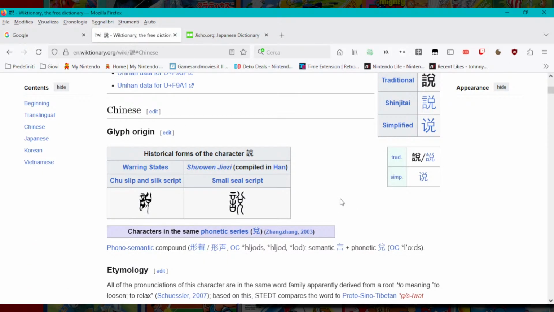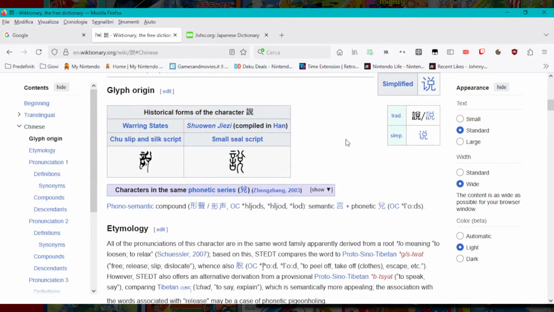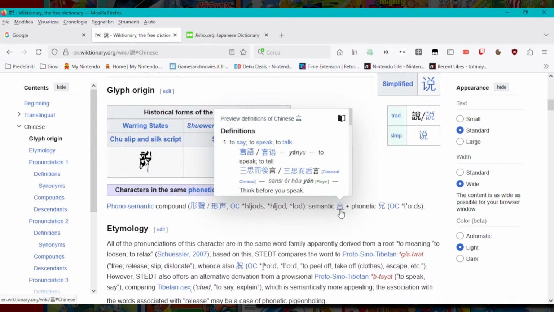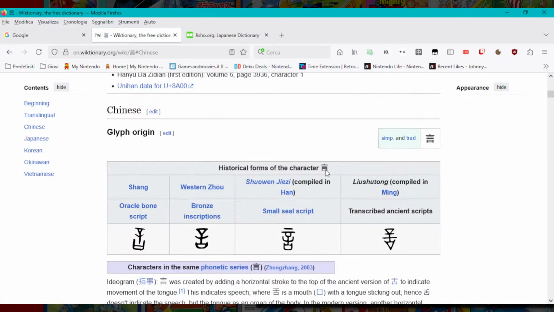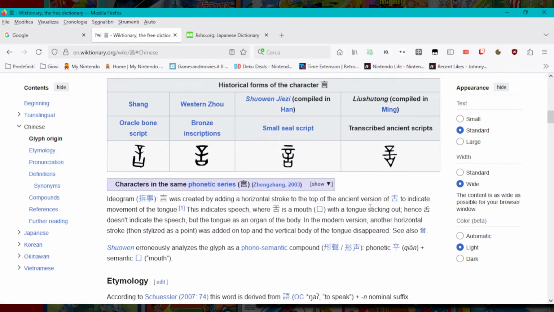It's slightly simplified compared to the traditional form, but only in the direction of the strokes on top of the part to the right, so don't mind it. We'll focus on the semantic part in this case to see some examples of the other kinds of kanji.